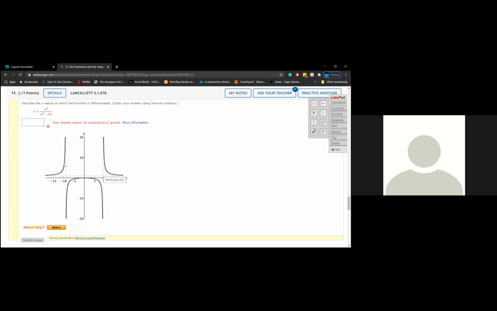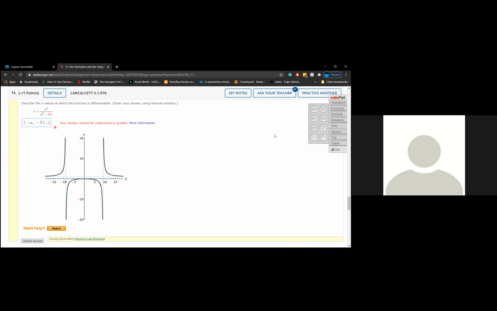Just put parentheses, negative infinity, comma, -9. Now move up with the union symbol. It's under sets, at the bottom.